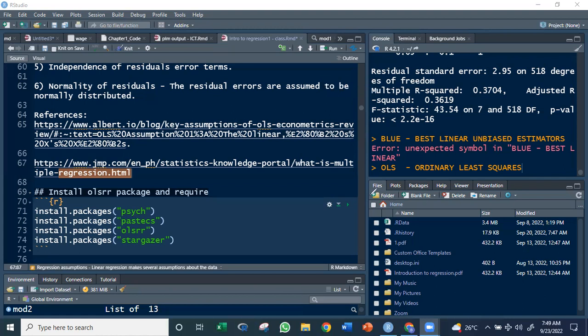Okay, so for example, remember, let me close first the annotation.